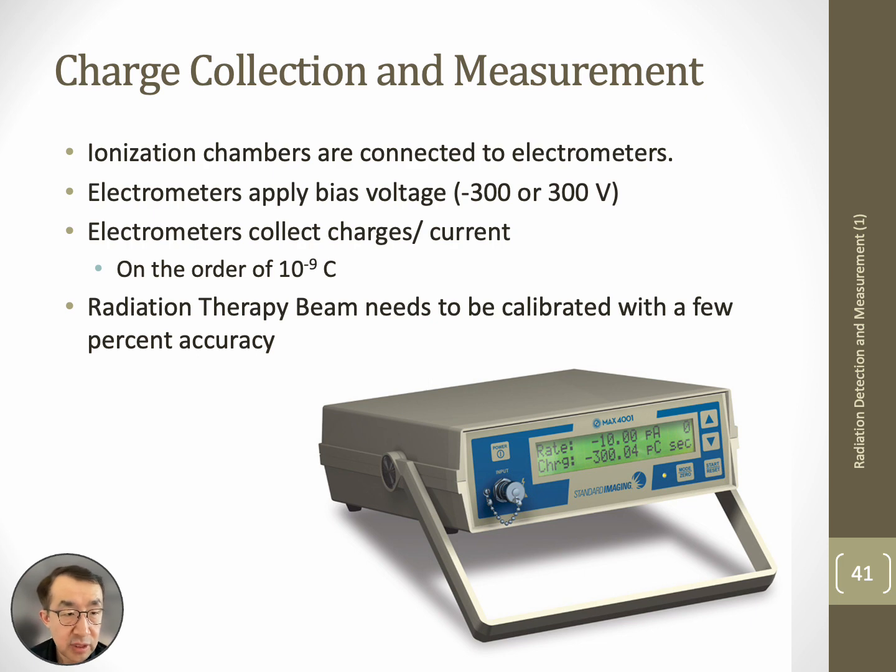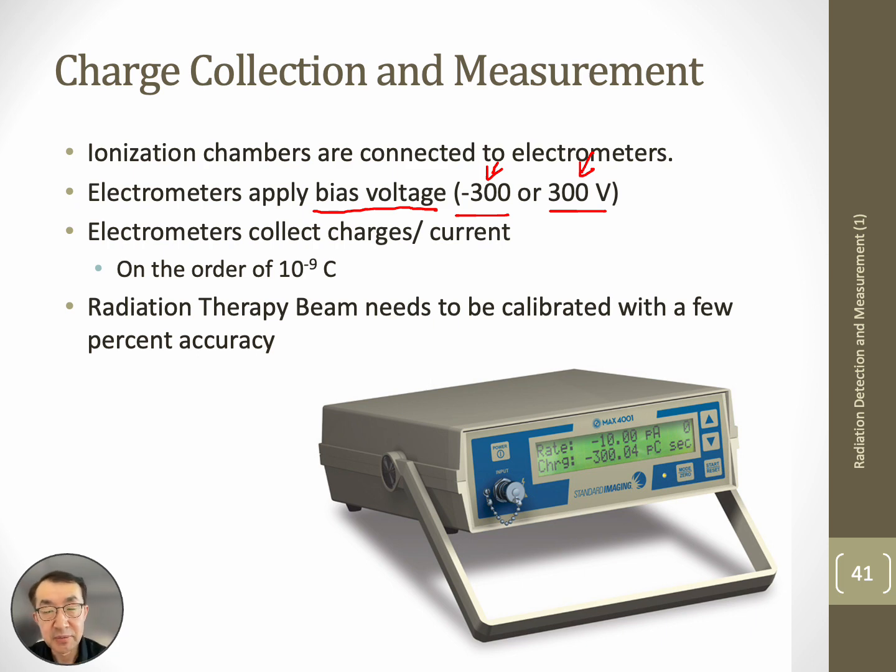So what is an electrometer? Well, it serves two purposes. It applies a voltage bias. Typically we use negative 300 or positive 300.